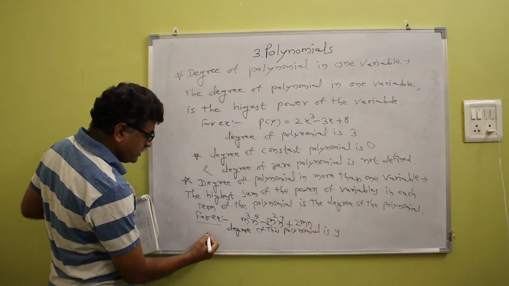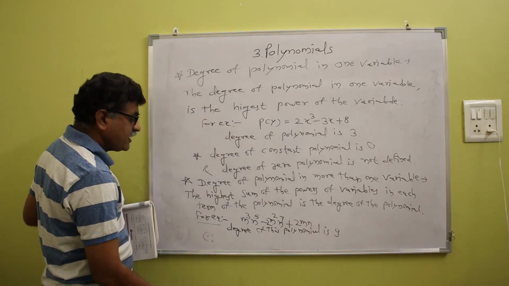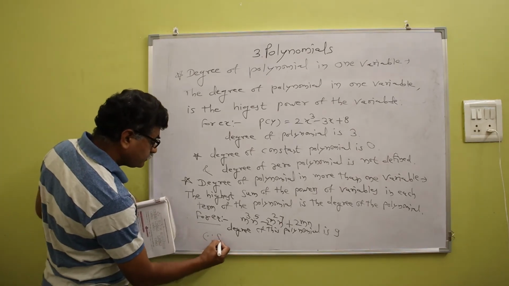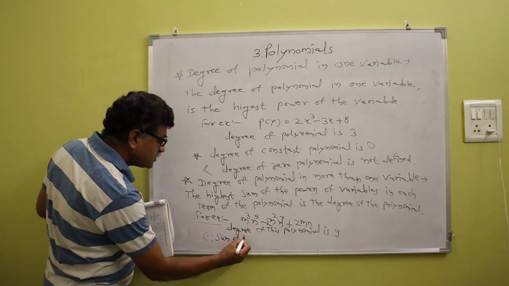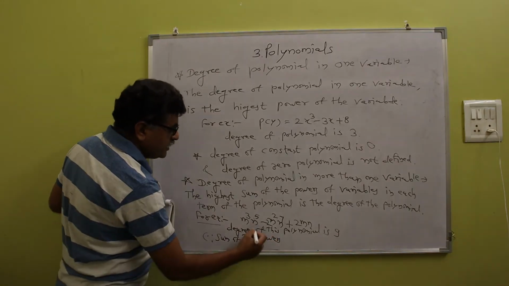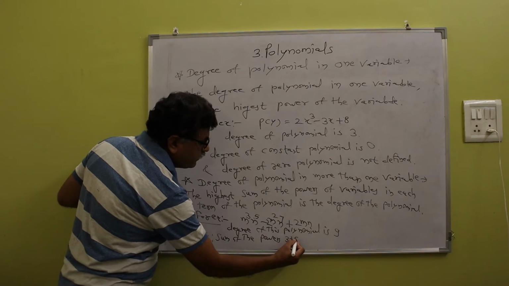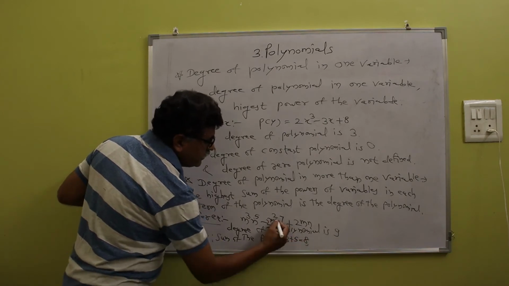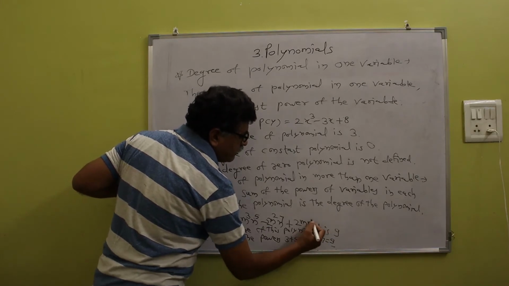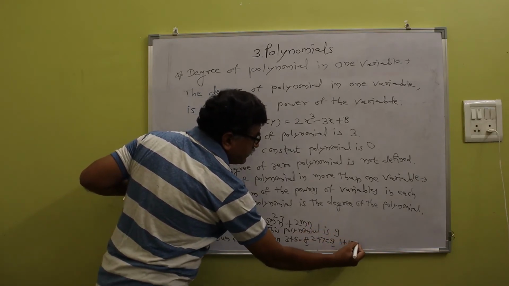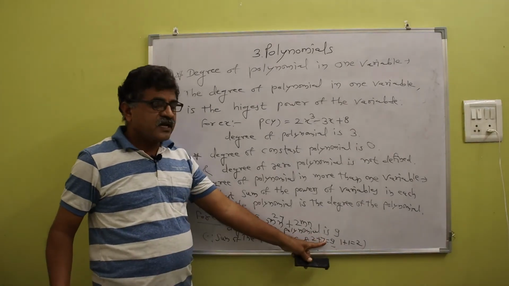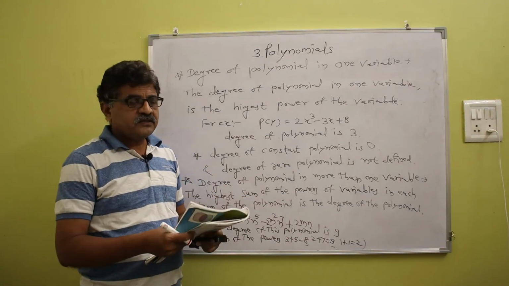Since sum of the powers 3 plus 5 is equal to 8, 2 plus 7 is equal to 9, and 1 plus 1 is equal to 2, that is, highest sum is 9, therefore its degree is 9.